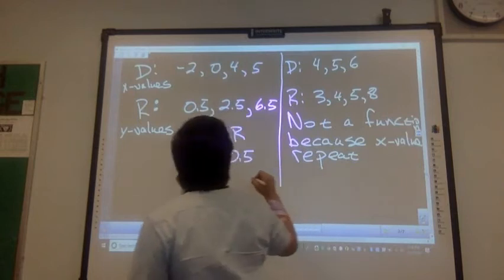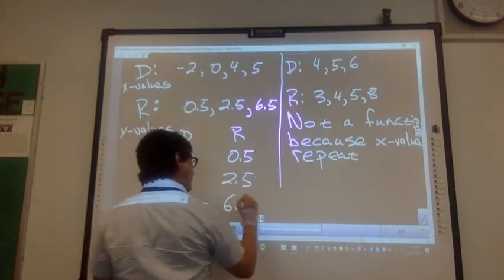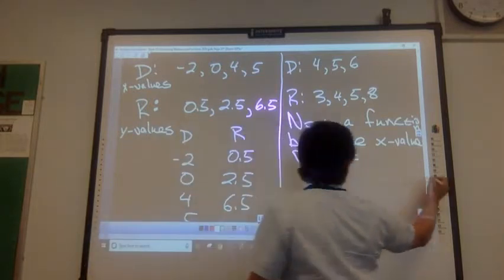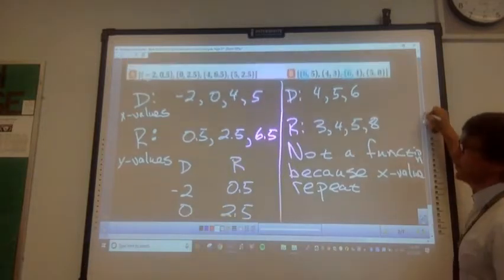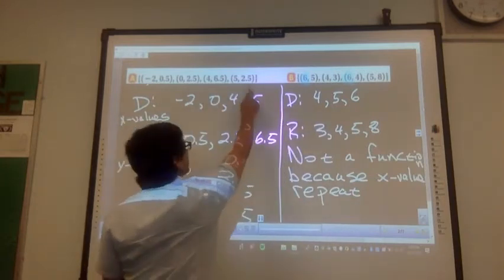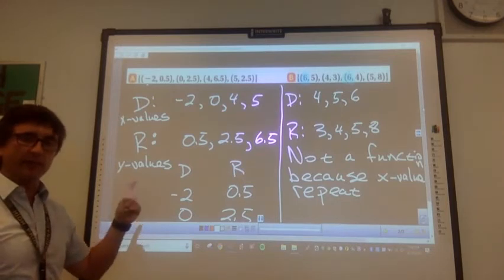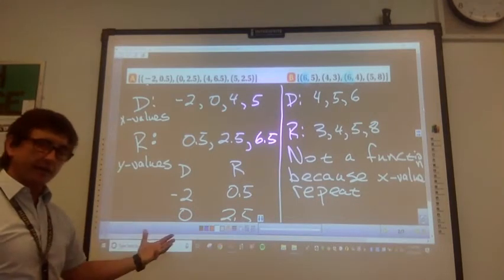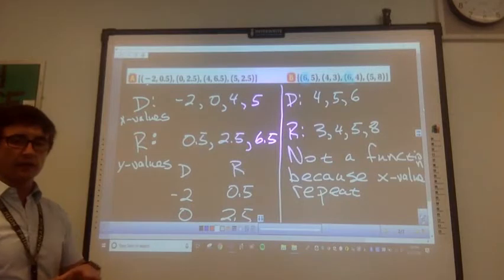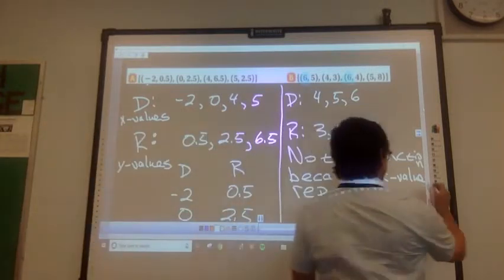Okay, so 0.5, 2.5, and 6.5. So you may remember from the A example here that the 2.5 repeated on the y values. Again, it's okay if it repeats on the y values, not the x. It is not a function if x's repeat. If y's repeat, it does not matter. It does, however, influence our mapping diagram.